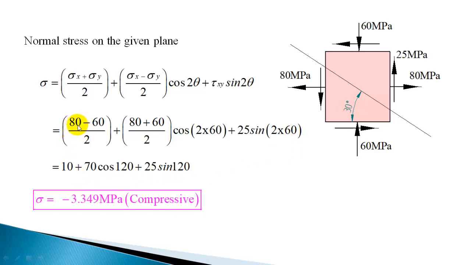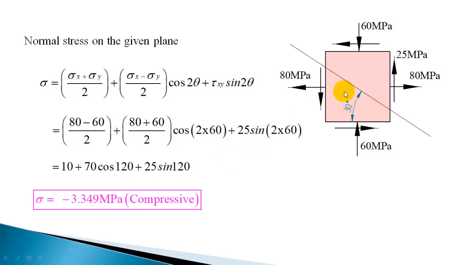So (80 minus 60) is 20, by 2 is 10. (80 plus 60) is 140, by 2 is 70, cos 120, plus 25 sin 120, which gives sigma as minus 3.349 megapascal. Minus indicates compressive stress. So on this plane the stress is compressive, acting towards the plane, and the magnitude is 3.349.